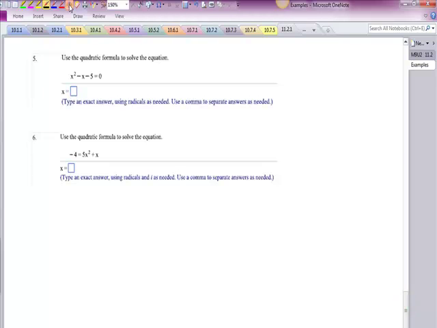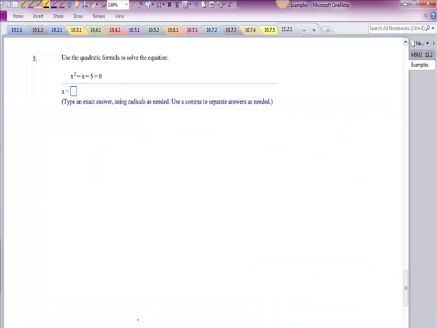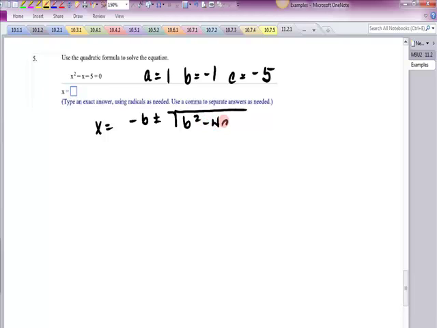Okay, we have 2 more to look at. All right, in this one, A is 1, B is -1, C is -5. X is equal to -b plus or minus the square root of b squared minus 4ac all over 2a.